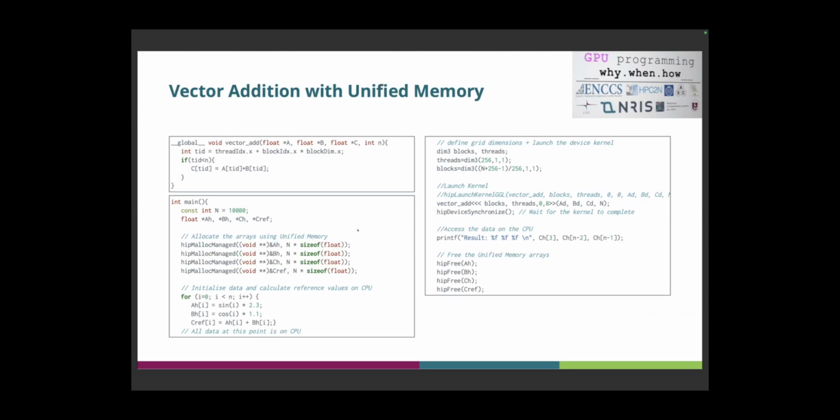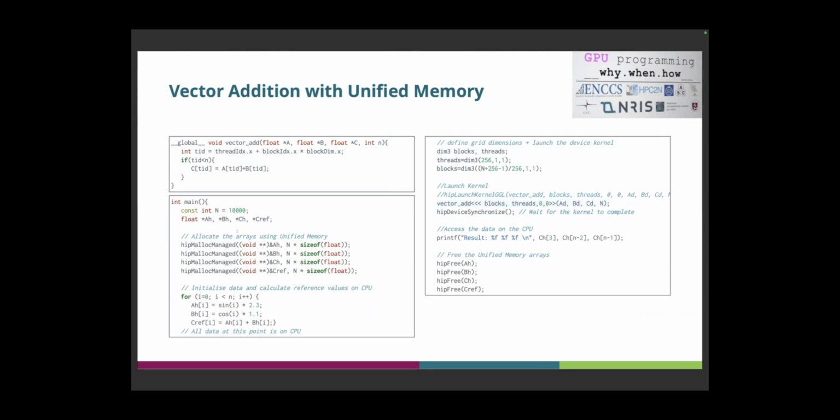So now, in this case, first we have the same kernel, the same global function. We see that the launching of the kernel is the same. So we define the configuration, how it's going to be launched via these threads and blocks variables, and we do exactly the same call as we did before.